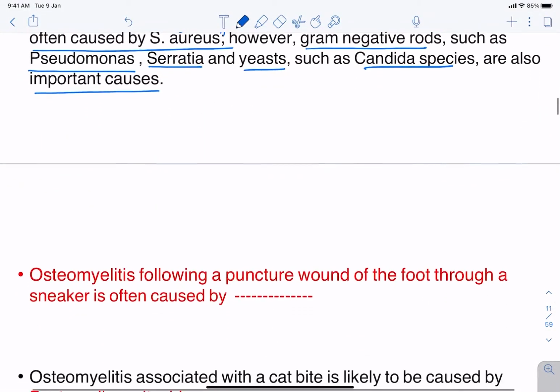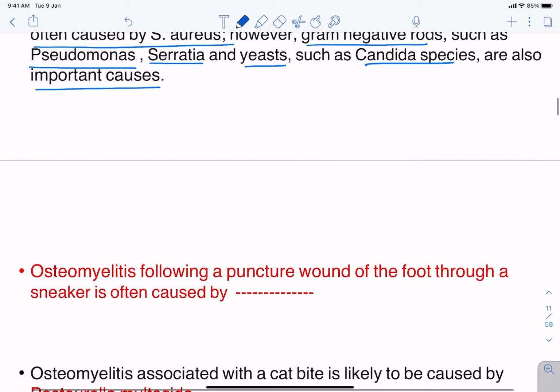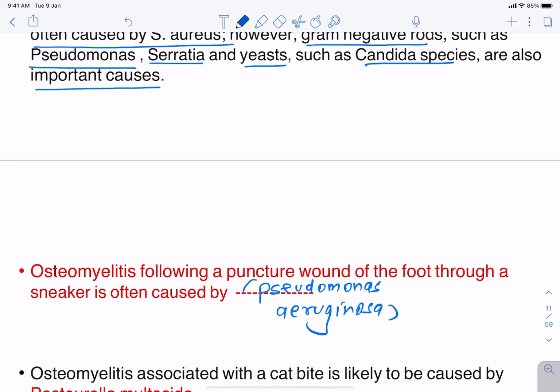Now you tell the answer to this particular question. Osteomyelitis following a puncture wound of the foot through a sneaker is often caused by which organism? Remember, the answer to this question is Pseudomonas aeruginosa, which obviously produces which type of pigments?